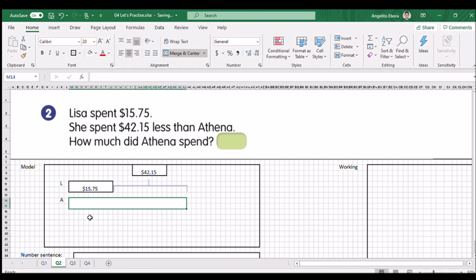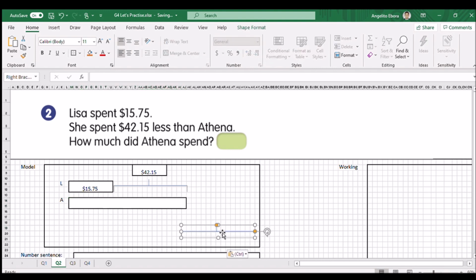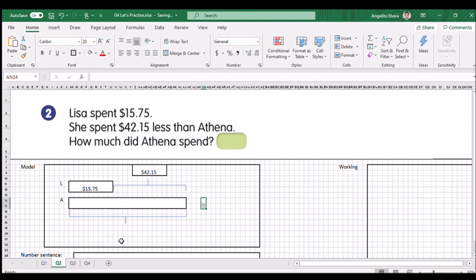This one we need to find. We're looking for Athena. Again, this part is the same as here, $15.75.